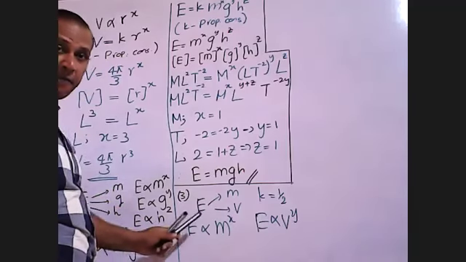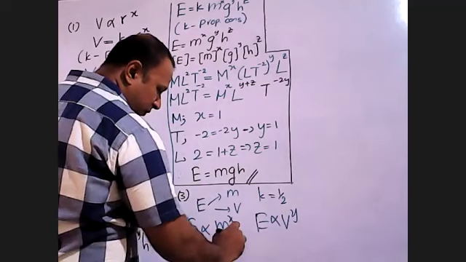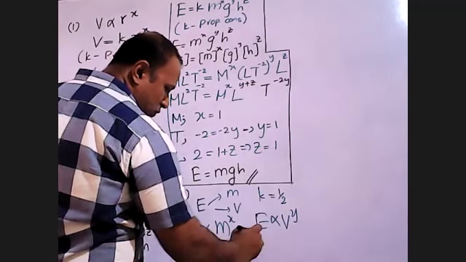So E is separately directly proportional to m to the power x and v to the power y. Then I can combine these two relationships: E is directly proportional to m to the power x times v to the power y.